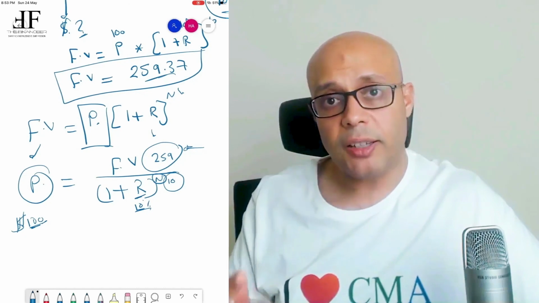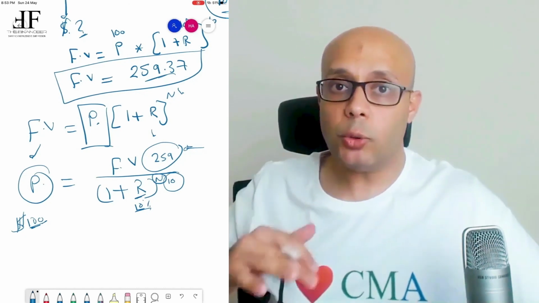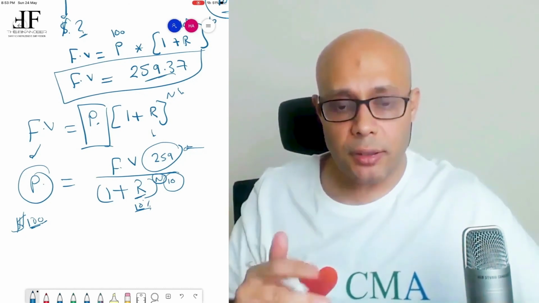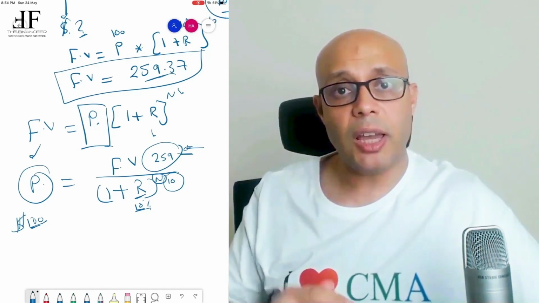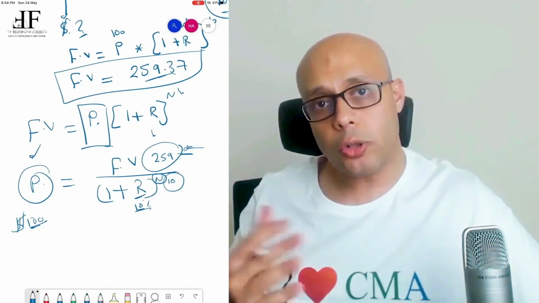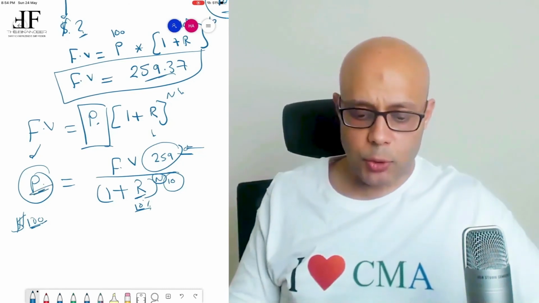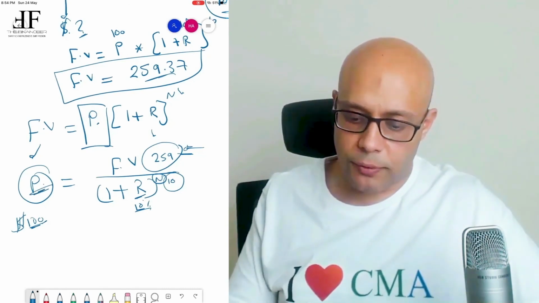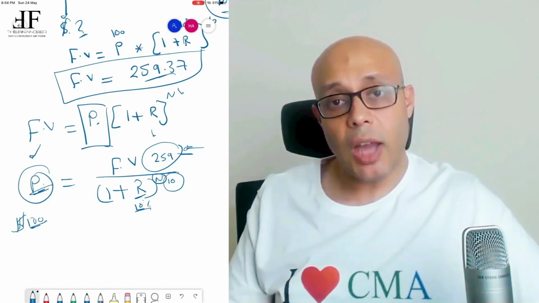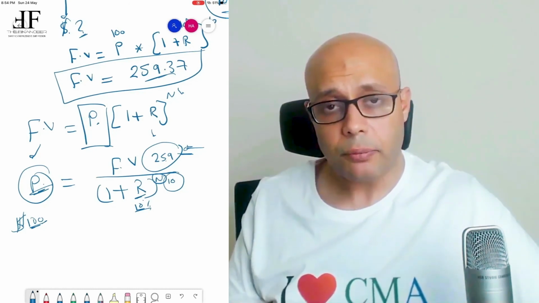The future value 259 is known, but you need to calculate the principal to deposit today in order to receive 259 in the future. So the principal equals the future value divided by 1 plus R to the power of N.